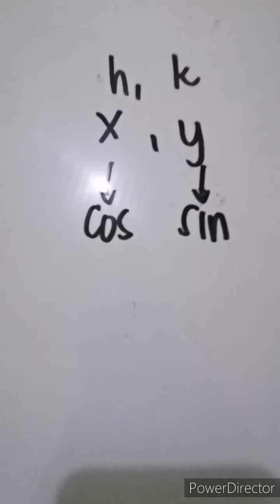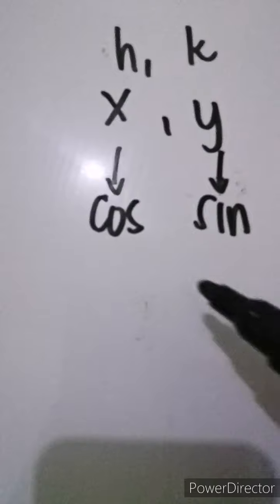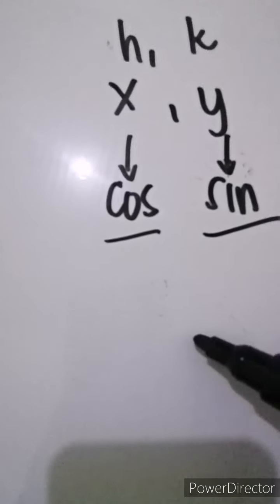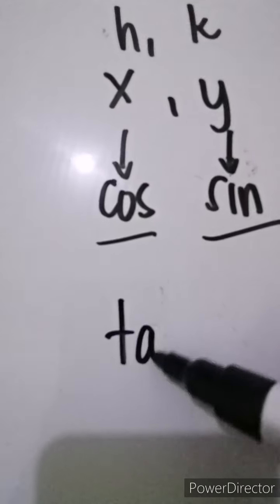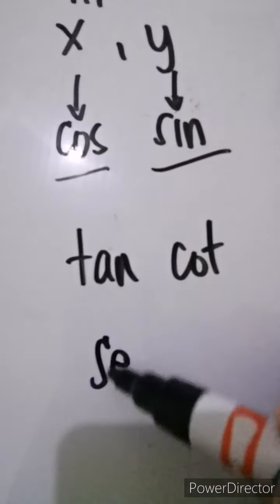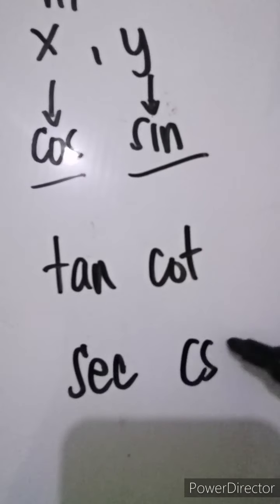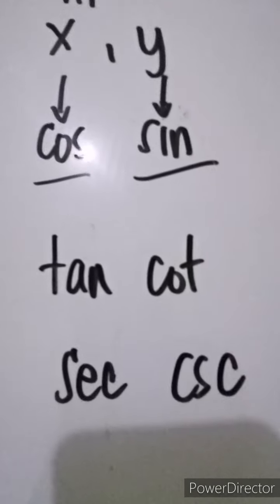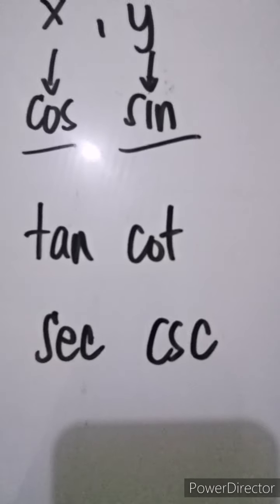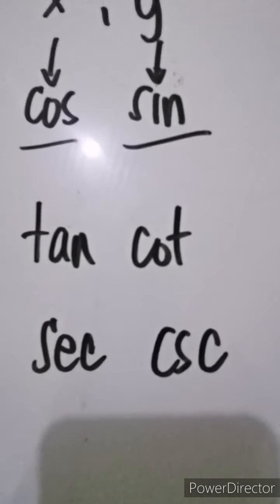So, ano ba yung mga 6 na trigonometric functions? So, una nga doon is the sine and cosine. We have the tangent and the cotangent, and we also have the secant and cosecant. Okay, so those are the 6 trigonometric functions that we will study here in trigonometry.